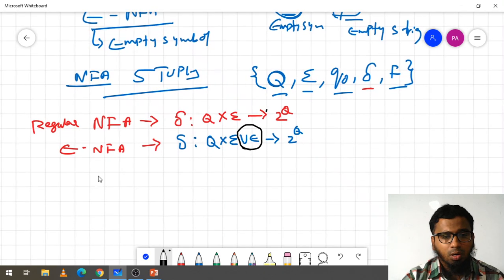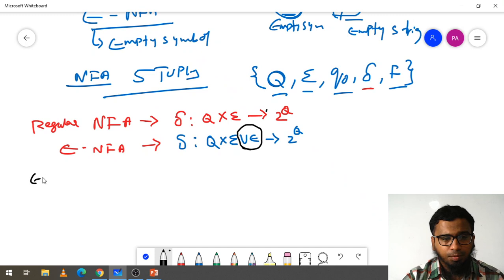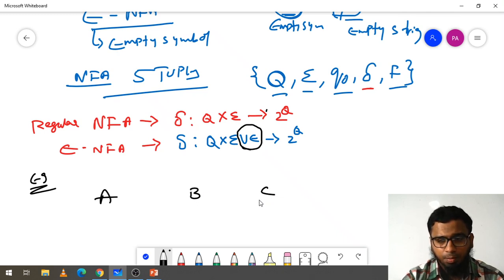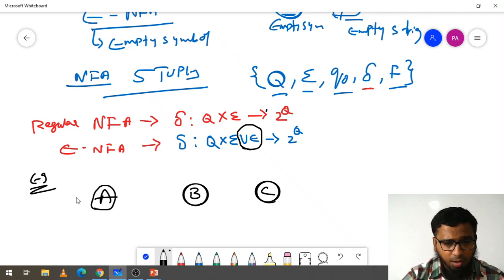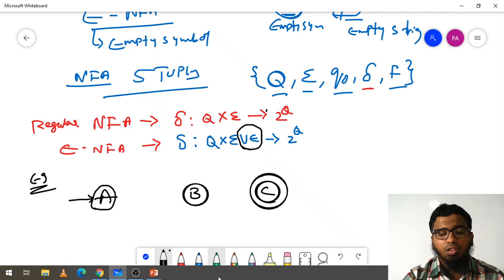Like, take the example, I am going to take 3 states, A, B and C, 1, 2, 3. Here A is my initial state and C is my final state.